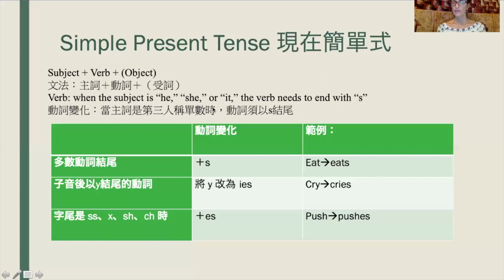And again, this is about verbs, simple present tense of verbs, 动词, 现在简单式.